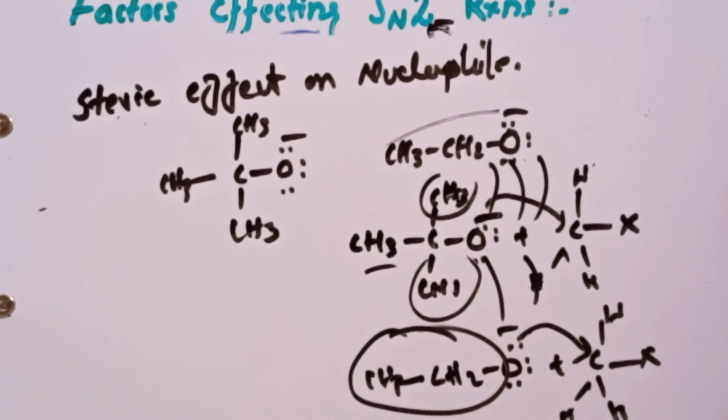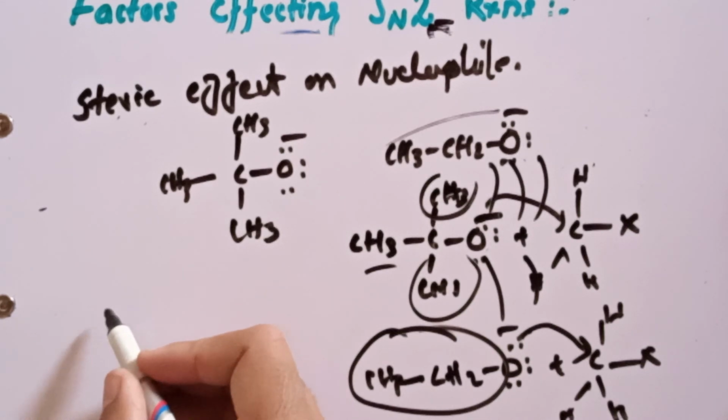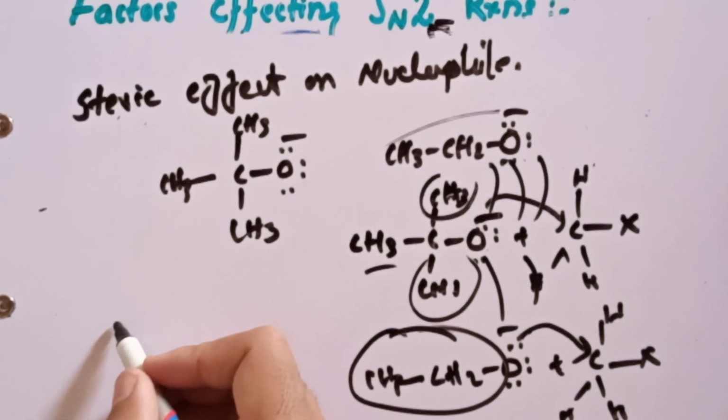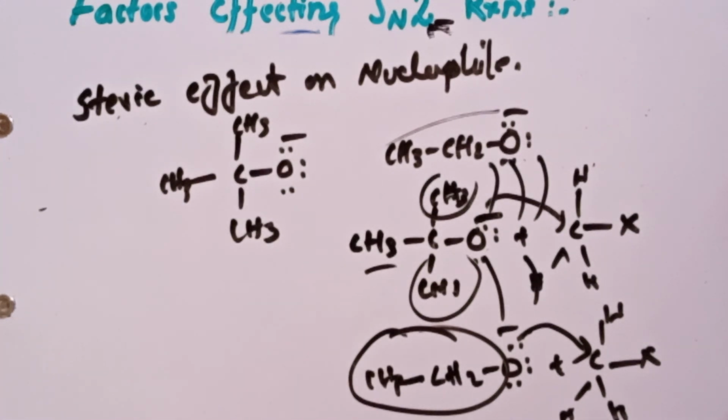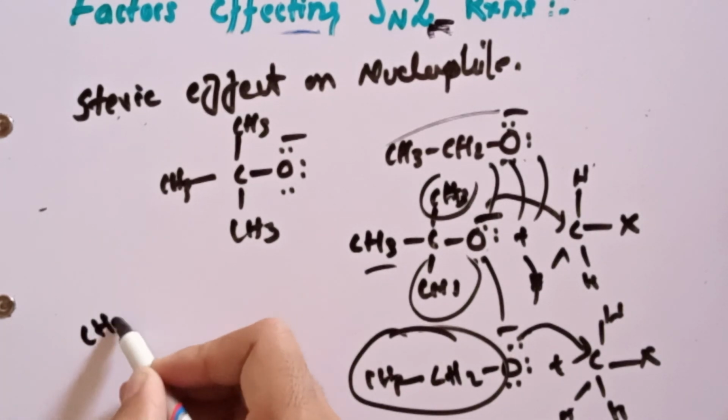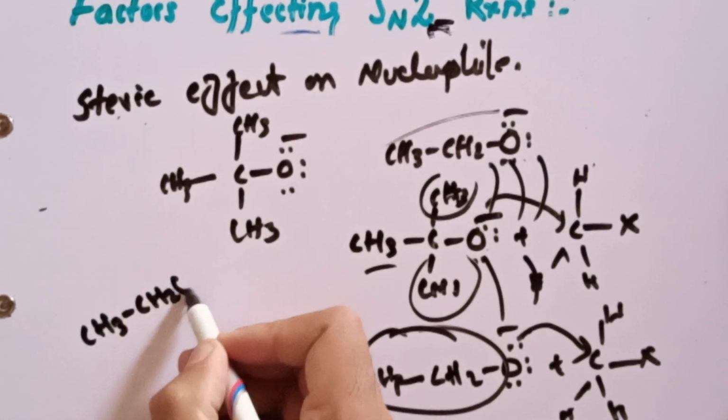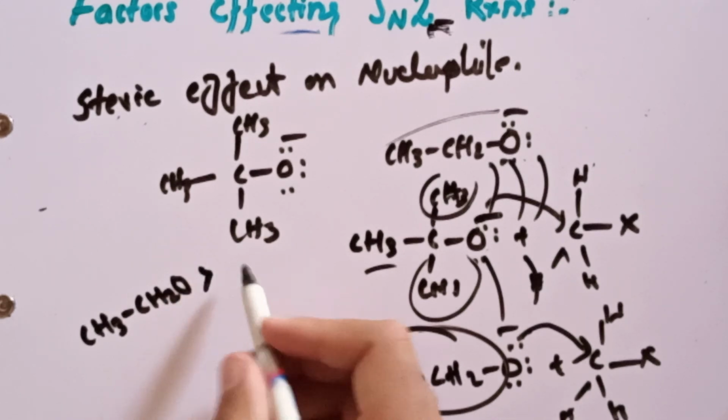While the smaller the steric hindrance, the larger will be the reaction rate. Is that clear? It means that in case of ethyl alcohol, it will act as a stronger nucleophile.